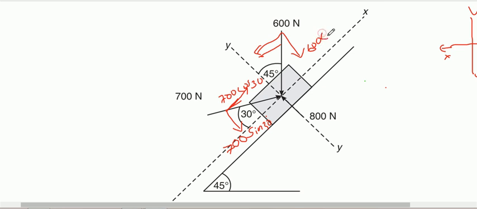Correct. 600 cos 45 is your Y component and 600 sin 45 is your X component. Is it clear? This is how you resolve. It's the same thing, but you need to consider the coordinate axis.